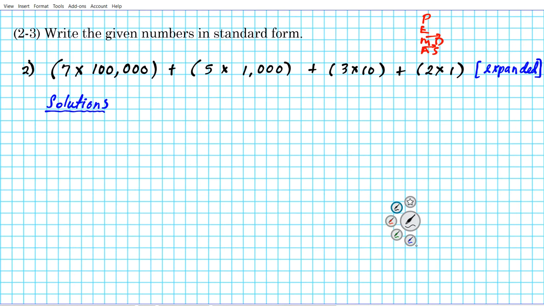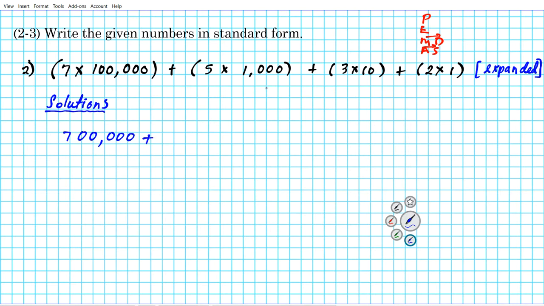When we multiply, we're going to have 7 times 100,000 is 700,000. Now, how did that happen? We went over this trick in lesson 1.2a. You multiply 7 by 1, 7 times 1 is 7, and then you just bring down the zeros, because when you multiply 7 by all these zeros, it's all going to be 0, 0, 0, 0, 0, okay?